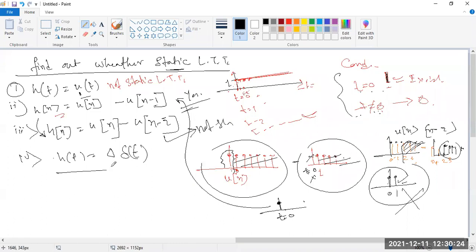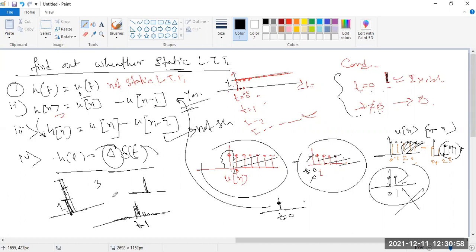Here you can see that is an impulse function. Impulse function means at t equal to 0 there is a pulse, but on the other side it does not exist. But something may be added or multiplied with this. Say there is a delta multiplied by 3, then the signal becomes 3.